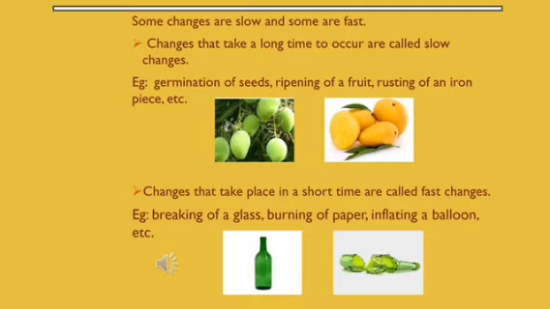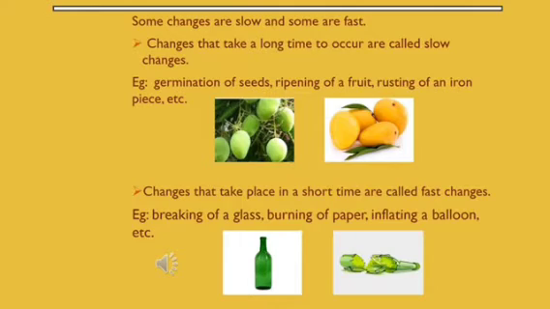So it is a slow process which cannot happen in a single day or within a few minutes. Ripening of a fruit. You must be aware of the mango season we usually have during summer. The raw mangoes, which are so hard, take a long time to ripen.